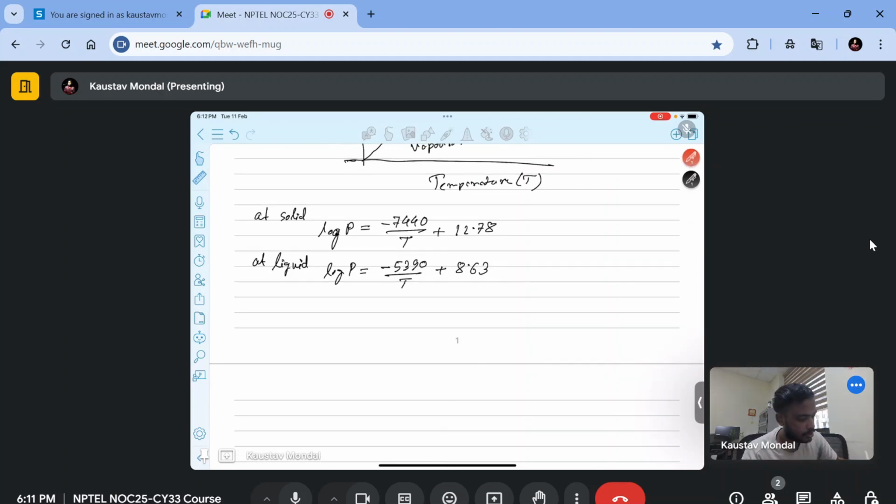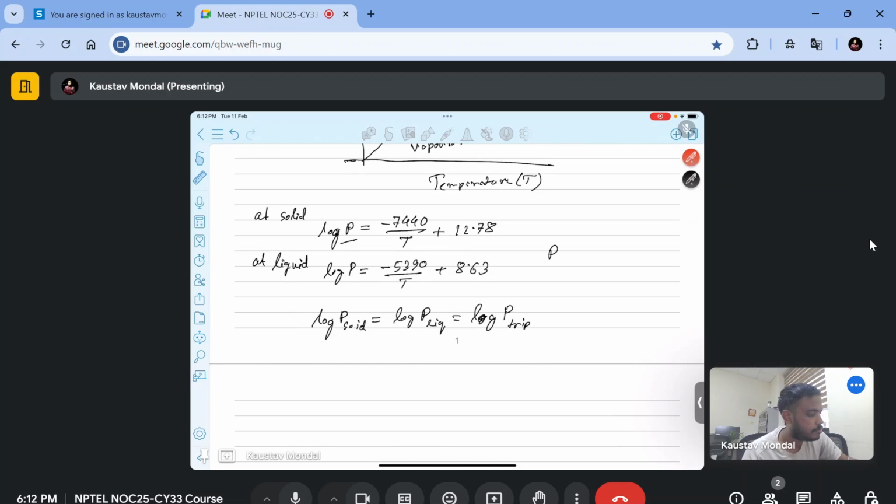So log P of the solid and log P of the liquid would be equal to log P of the triple point, right?